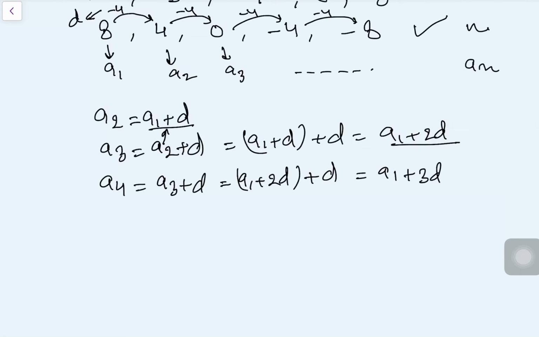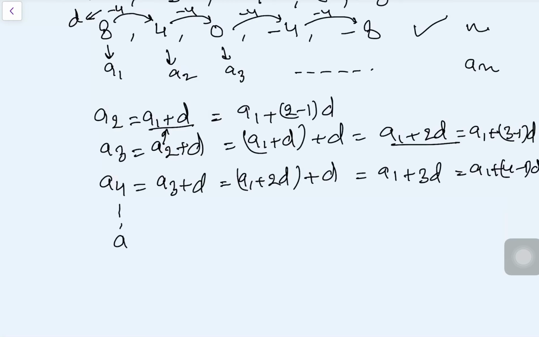The coefficient of D relates to the subscript of A: A2 is A1 plus 2 minus 1 D, similarly A3 is A1 plus 3 minus 1 D, and A4 is A1 plus 4 minus 1 D. If we continue the same way, we can say An is equal to An minus 1 plus D.